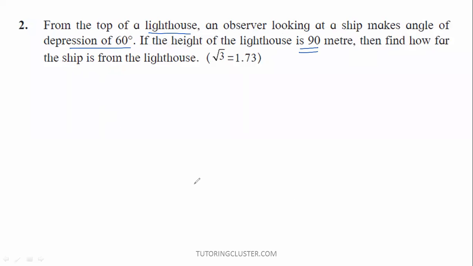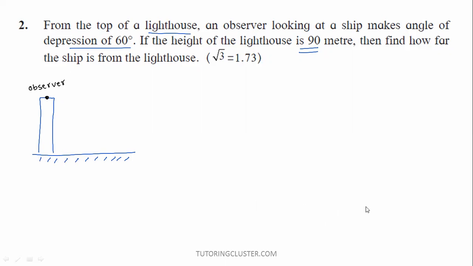Now see here, there is one lighthouse. Let's say this is the ground level. From the top of the lighthouse, the observer is at the top. This is the observer in black color.